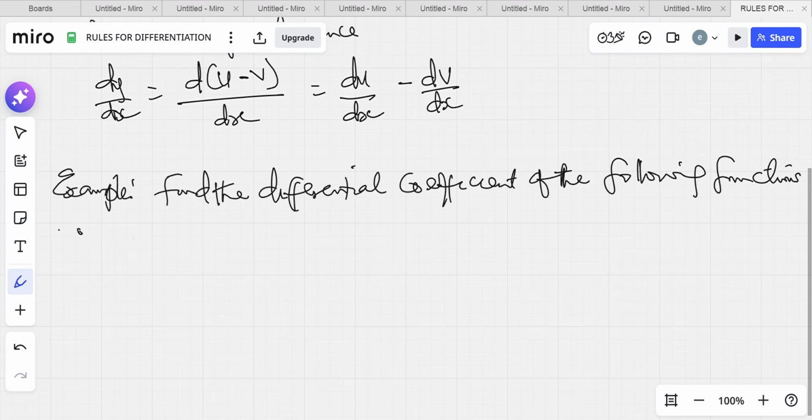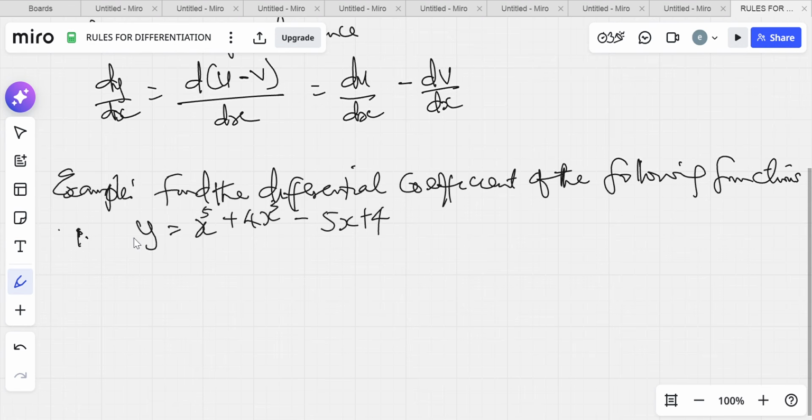The first one states that y is equal to x to the power 5 plus 4x to the power 3 minus 5x plus 4.